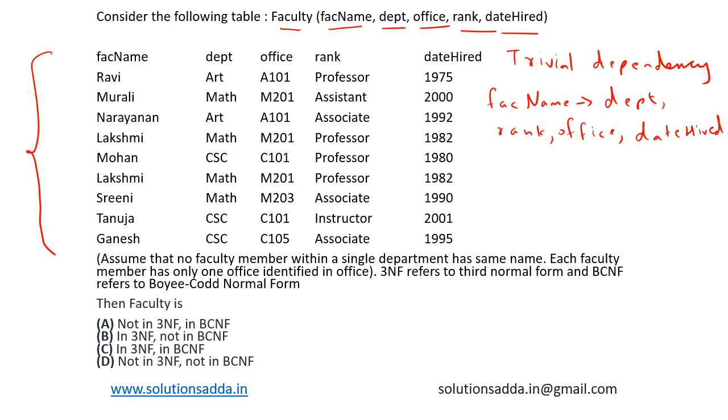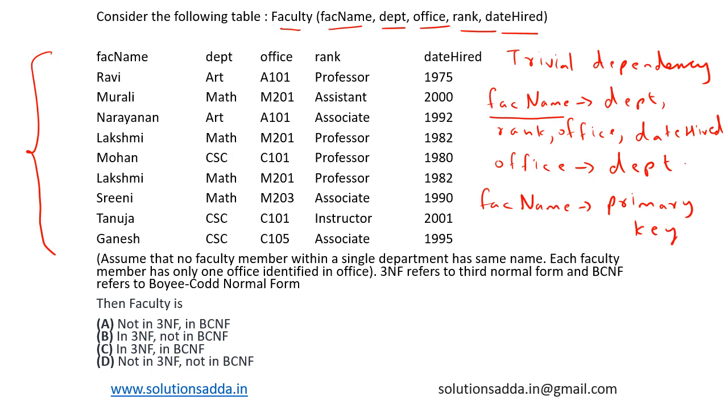And the second one is office determines the department. Given each faculty member has only one office identified, it means that faculty name can be considered as a primary key. That's an important point. Therefore, the functional dependency faculty name is in 3NF as well as in BCNF because faculty name is the primary key.